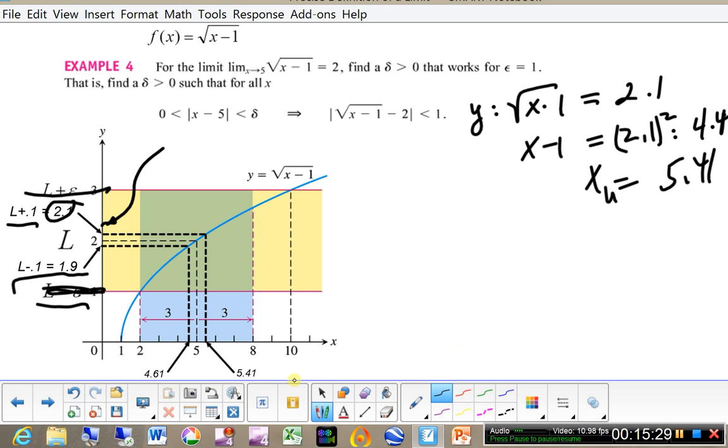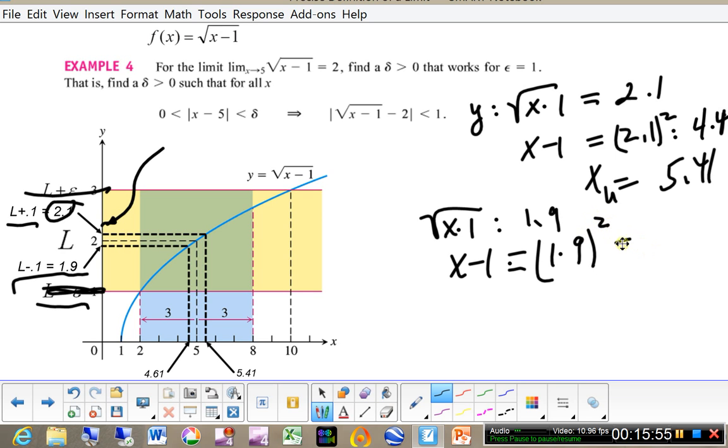And now we look at what x lower would be and plug in the square root of x minus 1 equal L minus epsilon, which is 1.9. Now solve for x, and we get x minus 1 equal 1.9 squared, and that is 3.61. And so x is equal to 4.61.